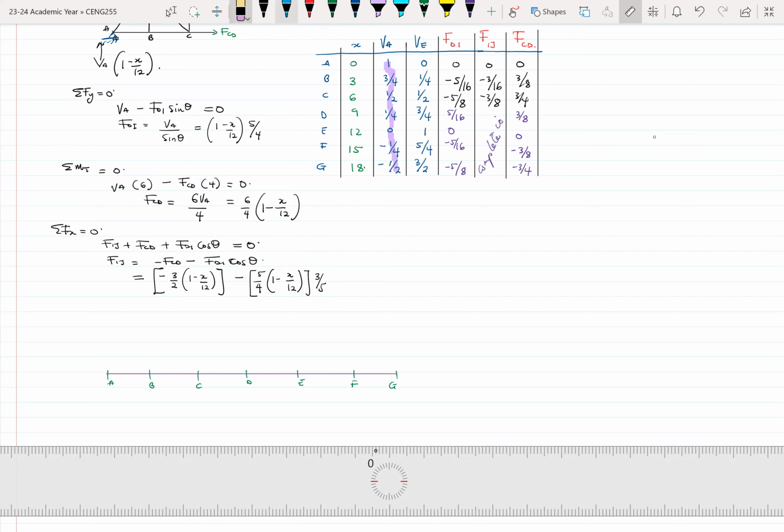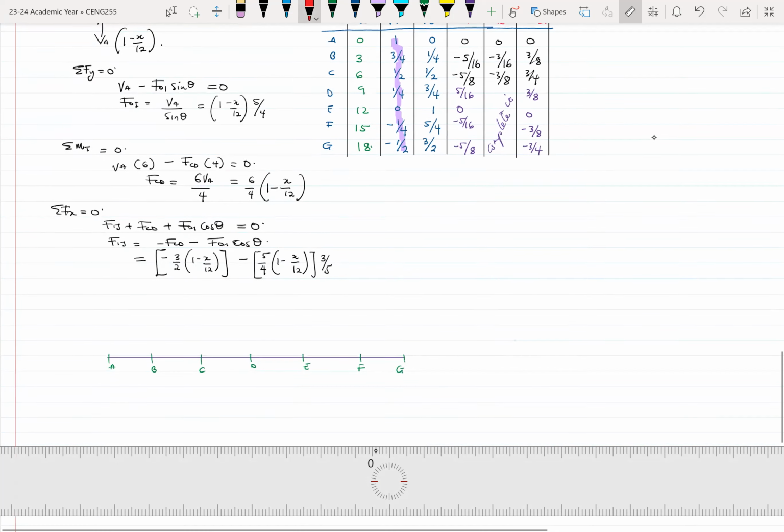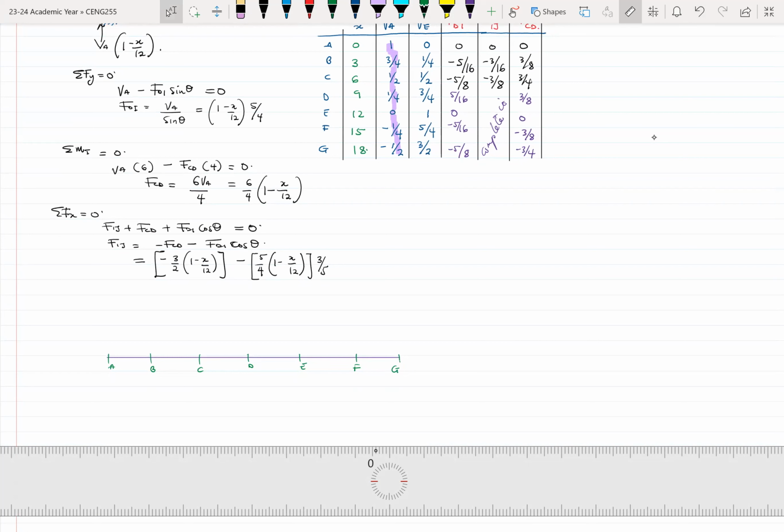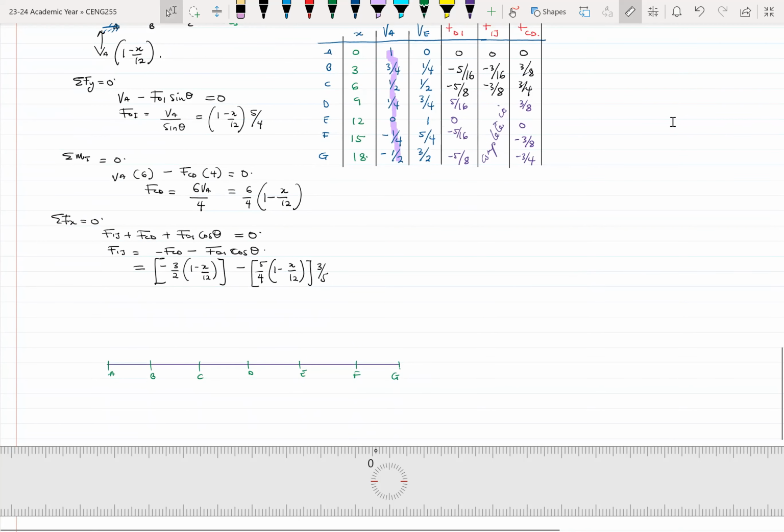So let's just look at this quickly. Sometimes it's best to leave your answers in decimal, especially if the denominator is not the same, because then it's easier to tell how your curve looks. All right, so just take note of that. So let's draw for FDI. We have 0 over here.